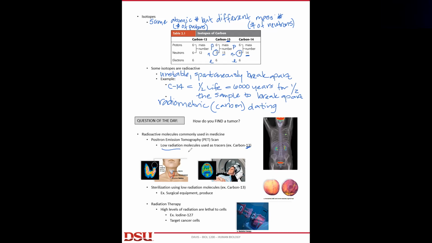Okay, so low radiation. And they can inject these molecules through a dye that gets absorbed by the different tumor tissues, tumor cells in the body. And when you do the PET scan, they glow.